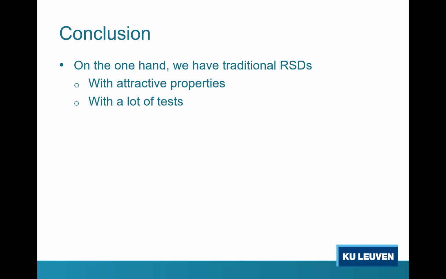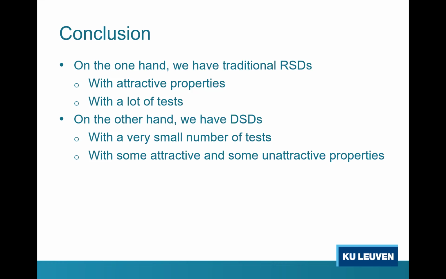So that was a long introduction about everything that existed already quite a while. The traditional response surface designs have existed since the 1950s, and we've seen that they have very attractive technical properties, but they require you to do a lot of tests. On the other hand, we have the definitive screening designs, which are more recent.